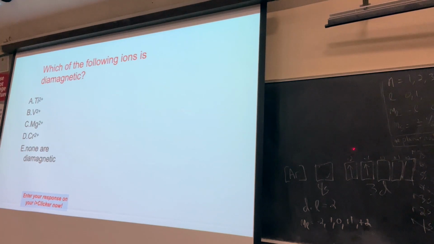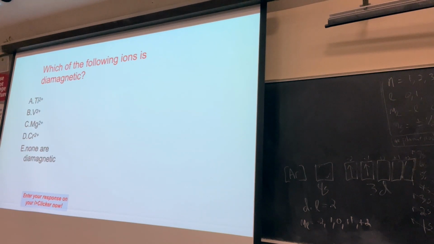Because each electron goes in its own orbital first, that means titanium 2 plus is definitely paramagnetic. If you could take away these electrons, it would make it diamagnetic, because 4s2 would be 1 up and 1 down. But highest n comes out before lower n, which means 4s before 3d. So titanium 2 plus is paramagnetic.